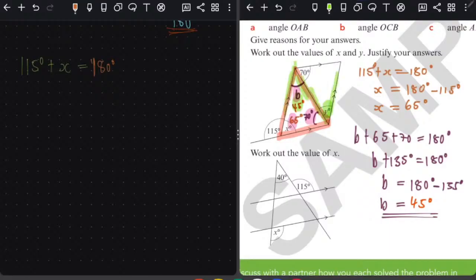So what do you know about y? If they form a Z, what do you know about y? So it's also 45. Don't refuse to use the rules. You know that if they form a Z, they are equal. So why would you not do it?